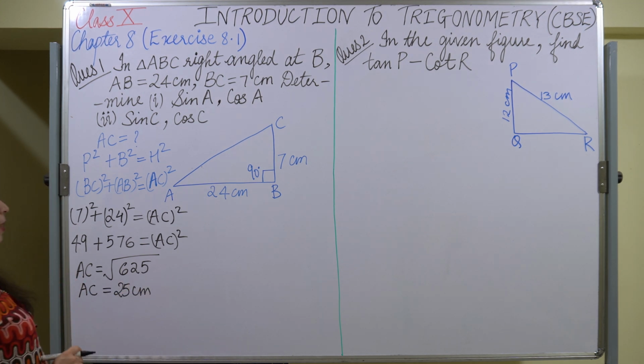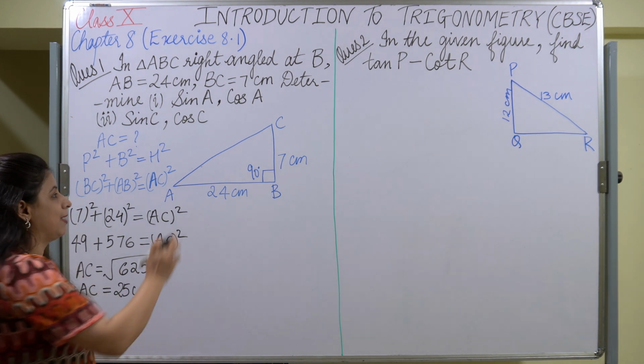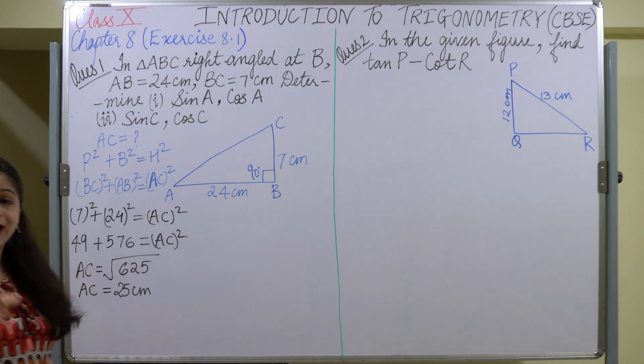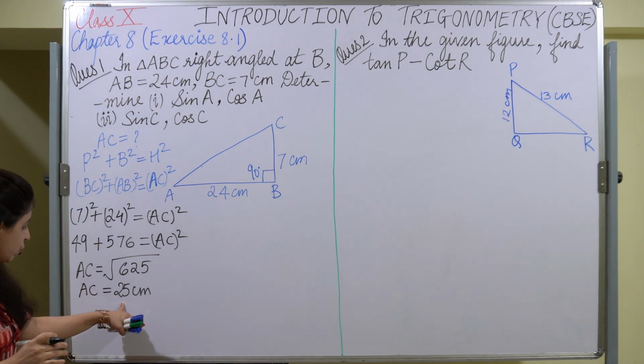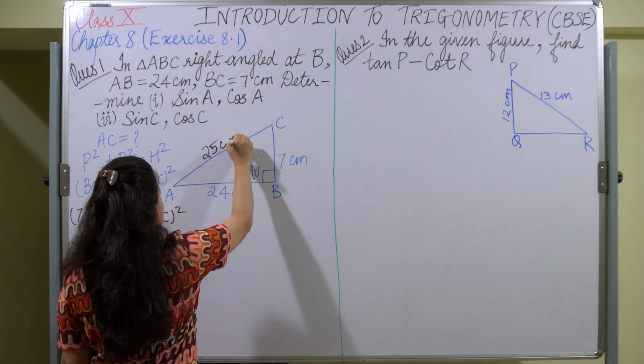So with the help of Pythagoras theorem we found the value of the third side of the triangle, and that has come out to be 25 centimeters. Let us write here 25 centimeter.